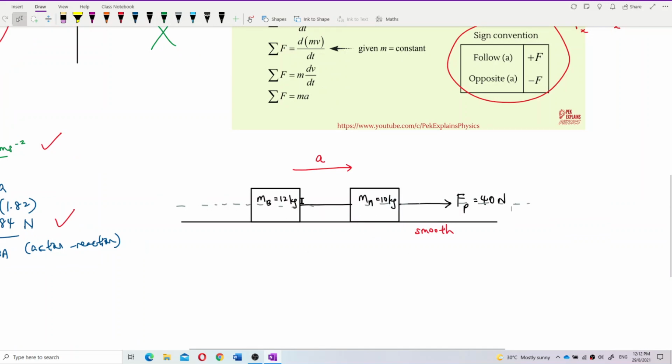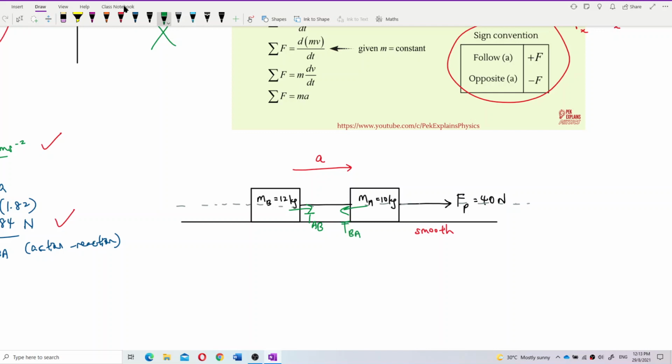As you can see, we only need to do the x component. The surface is smooth, so there is no friction. In between the masses, we have the tension. This is tension AB, and this is tension BA.